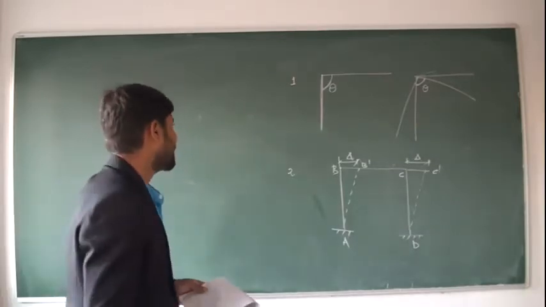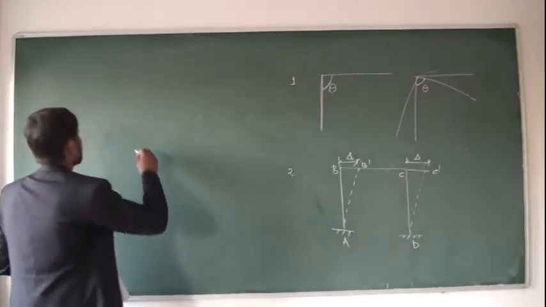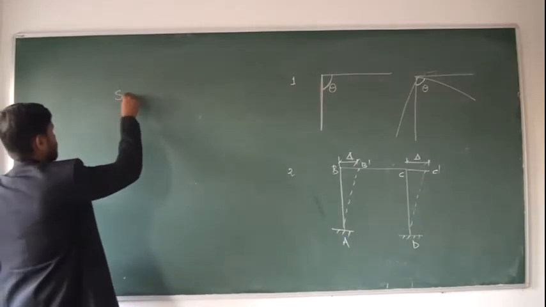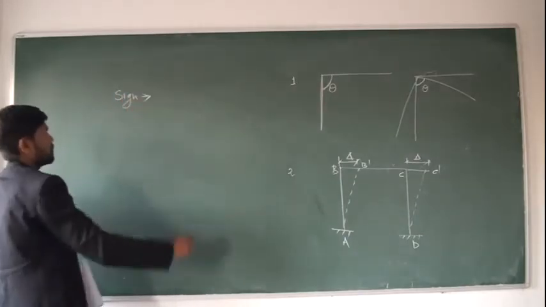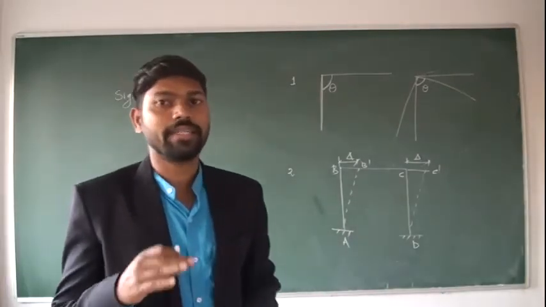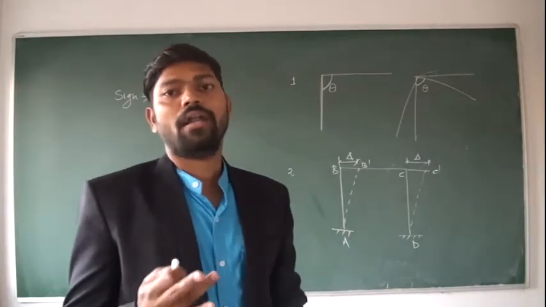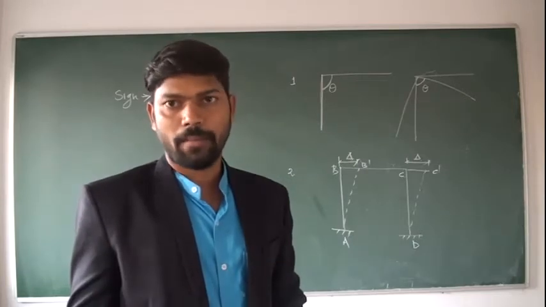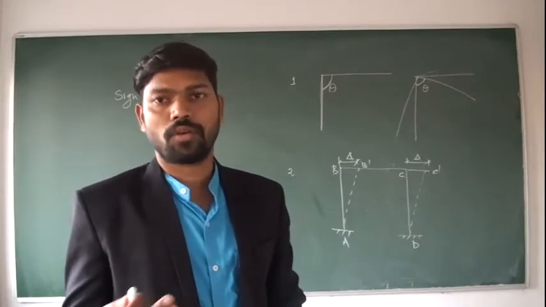Now what are the sign conventions which are going to be used in the method? We have to fix the sign conventions for the moment and for the slope. First, what is the sign convention for moment?